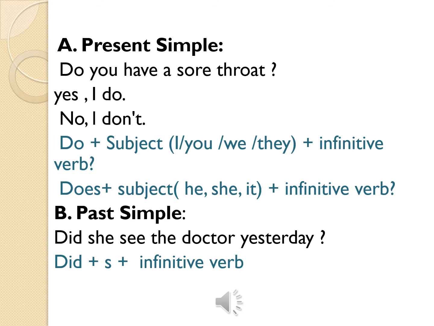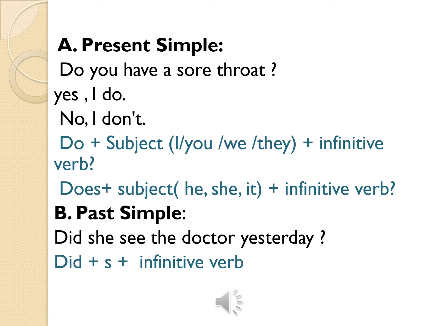With the present simple, we use the auxiliary verb do. If the subject is I, you, we, or they, we use the auxiliary verb do plus the subject plus the infinitive verb. While if the subject is he, she, or it, we use does plus the subject plus infinitive verb.